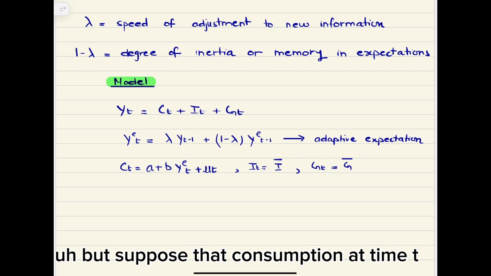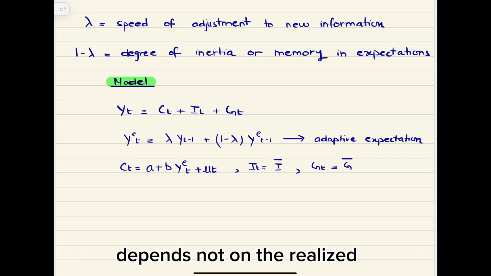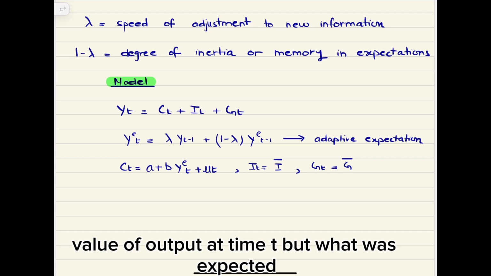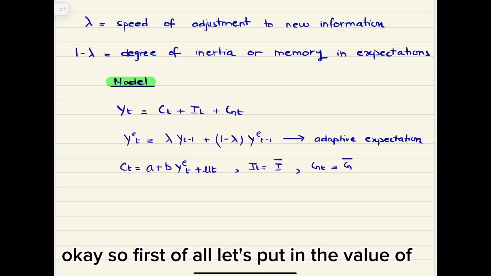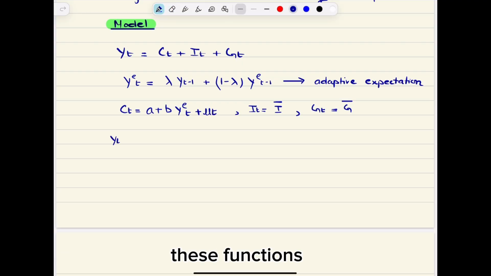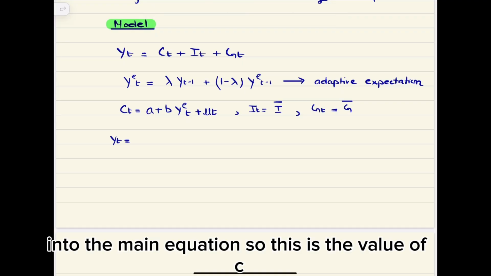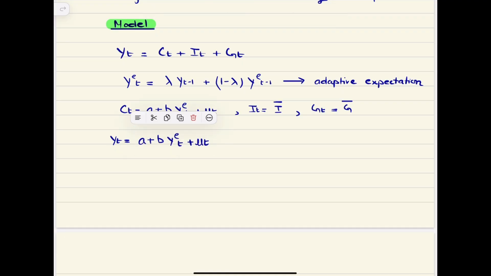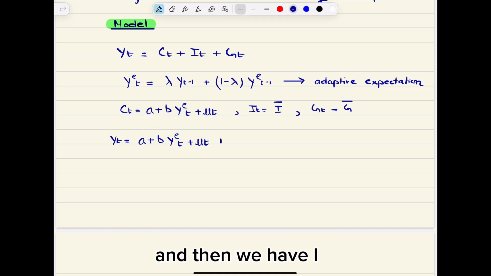But suppose that consumption at time t depends not on the realized value of output at time t, but on what was expected. Okay, so first of all, let's put the value of these functions into the main equation. So this is the value of C, and then we have I, and then we have G.